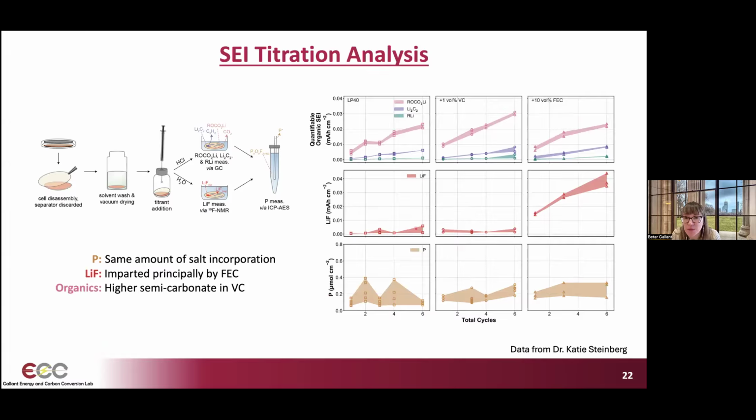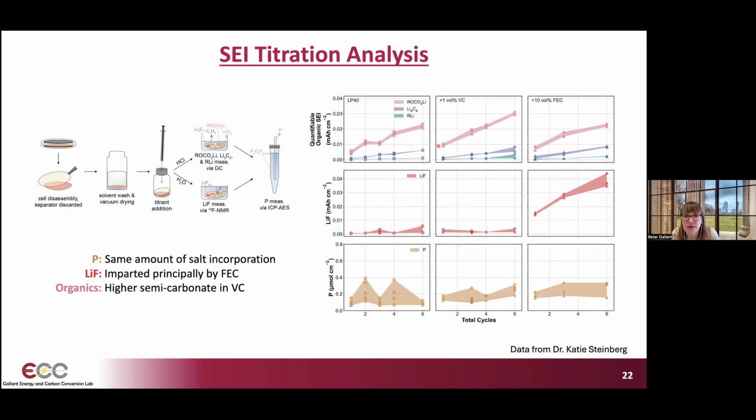But when we look at the lithium fluoride, we see an obviously larger amount from the FEC additive, as we would expect. So together, this tells us that the amount of salt anion incorporation into the SEI is largely unaffected by the additive, but that the amplified amounts of lithium fluoride are really coming from the FEC. Okay, so that's one difference.